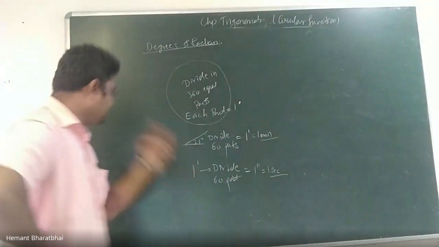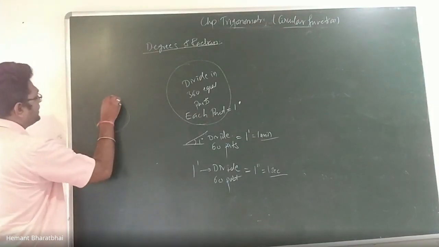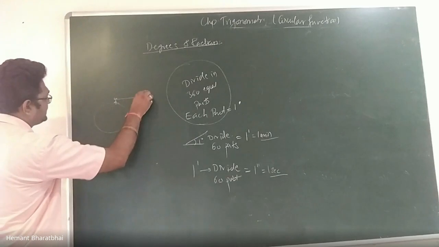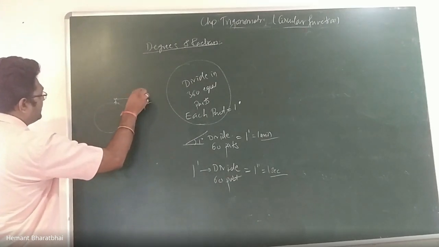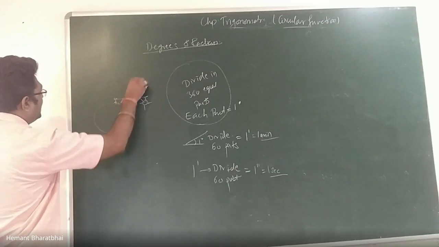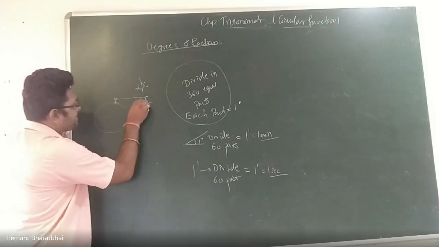I'll not go into much science, but if there is an observer here and this is the horizon, if the sun is below the horizon it is called sunset, and if above the horizon it is called sunrise.